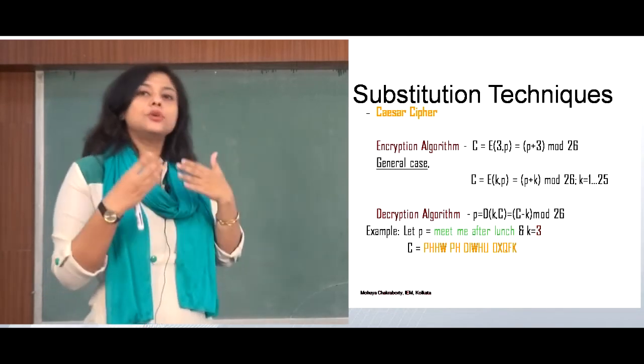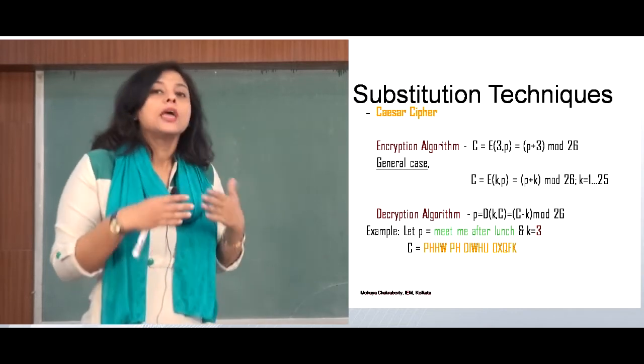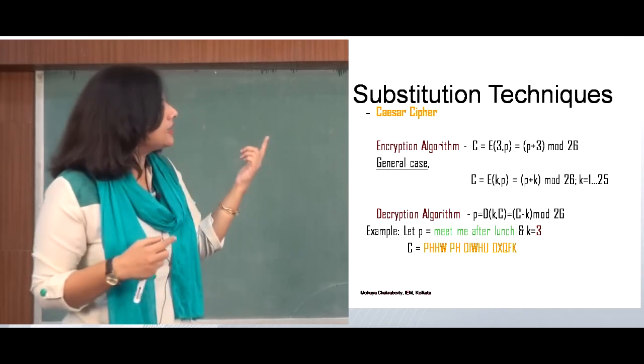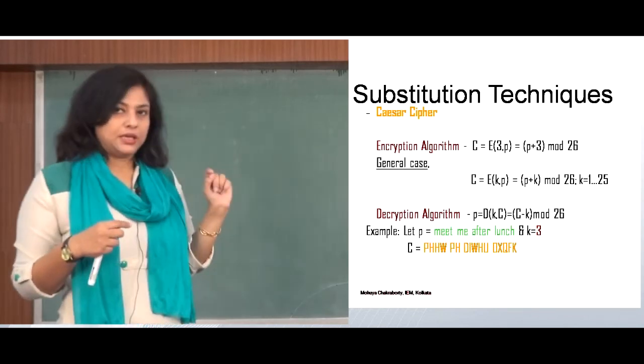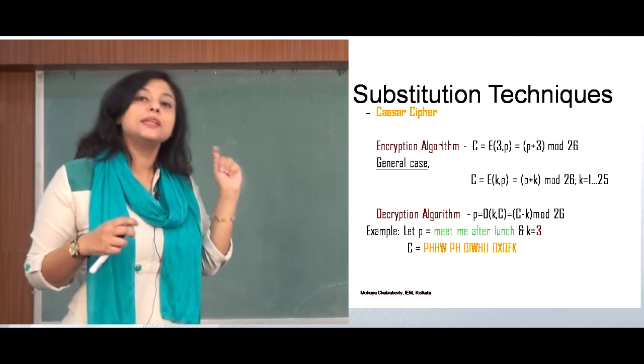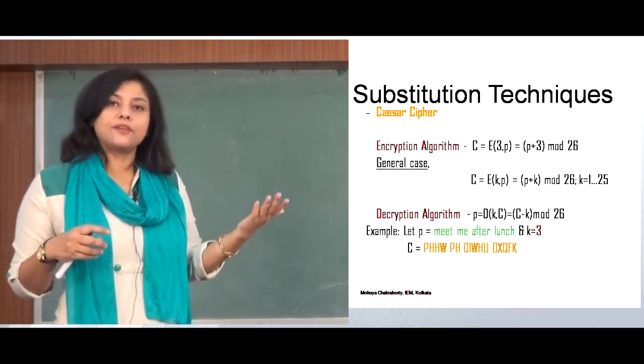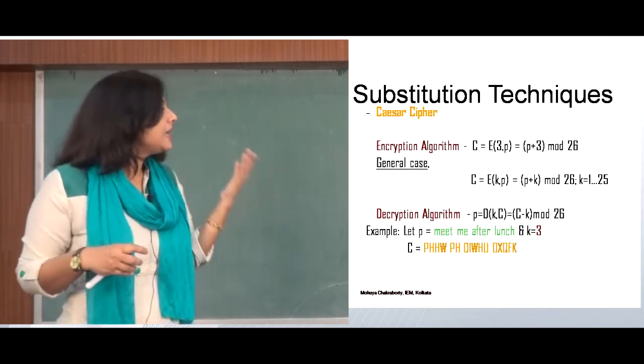But in the general case, instead of 3, you can use any number. We can write it as C equals E of K comma P, where K is any number; it can be 5, it can be 7, it can be even 2, it can be 10, any number.